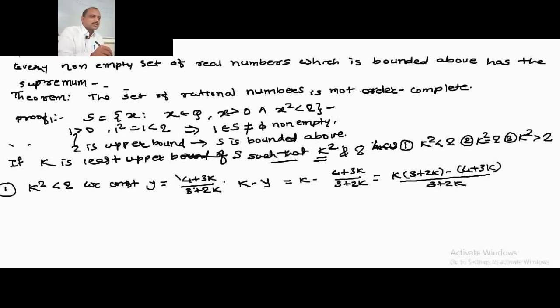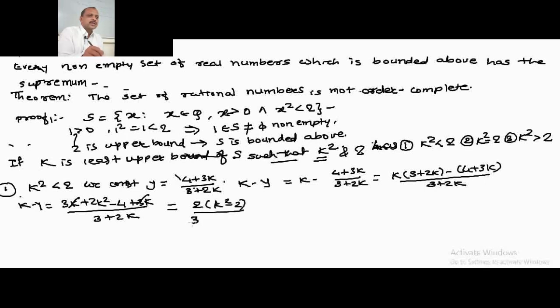Then k minus y equals (3k plus 2k square minus 4 minus 3k) divided by (3 plus 2k). Look at this, 3k and 3k cancel, giving 2k square minus 4. So taking 2 common, 2(k square minus 2) divided by (3 plus 2k).